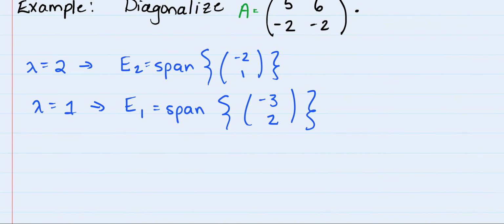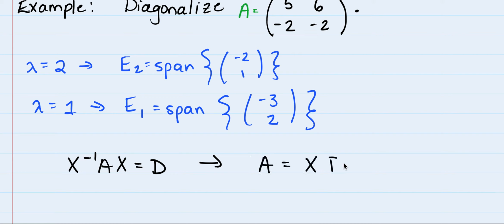And then we have X inverse AX is equal to D. Or if you're like me, I would prefer the notation A is equal to X D X inverse. So it really doesn't matter which way you write it. And on a test, I'll accept either as long as you are able to find the matrix D and the matrix X. The only thing is, notice that I have X inverse here and an X here, okay?